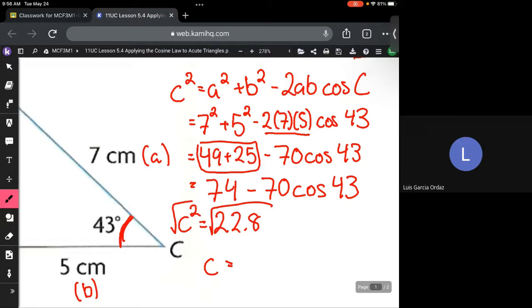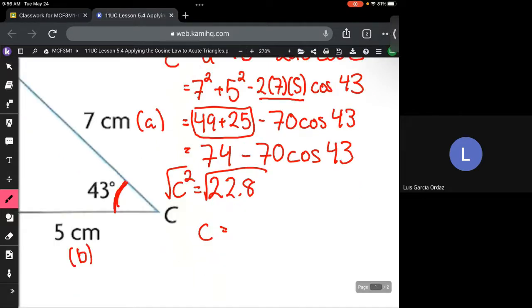Square root of 22.8. 4.7. And if you round it to the nearest centimeter, it's what?